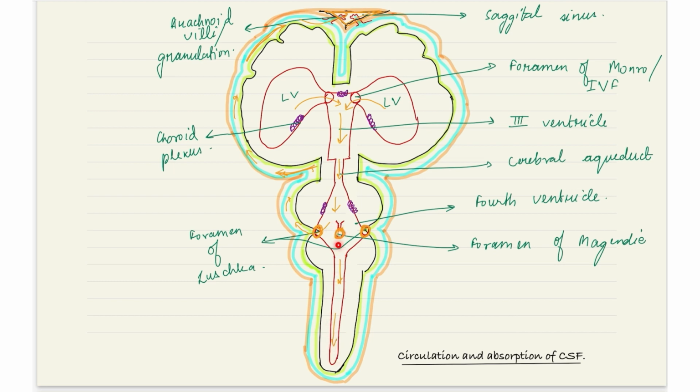Then from the foramen of Magendie to the cerebellomedullary cistern, from the foramen of Luschka to the pontine cistern, then into the subarachnoid space, the tentorial notch, the inferior surface of the cerebrum, the superolateral surface of the cerebrum, then from the arachnoid granulations to the superior sagittal sinus and then to the internal jugular vein.